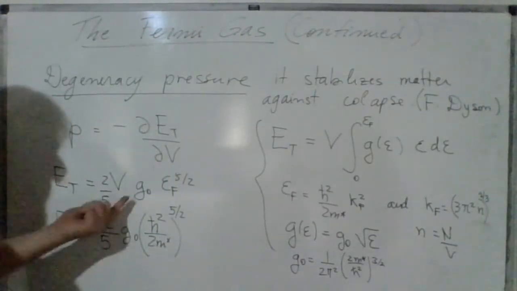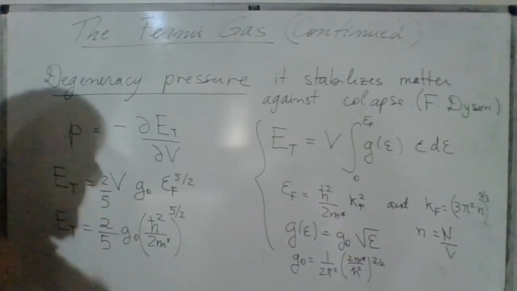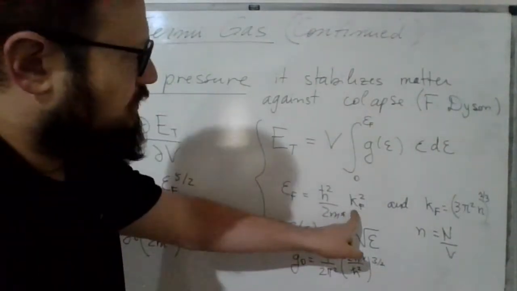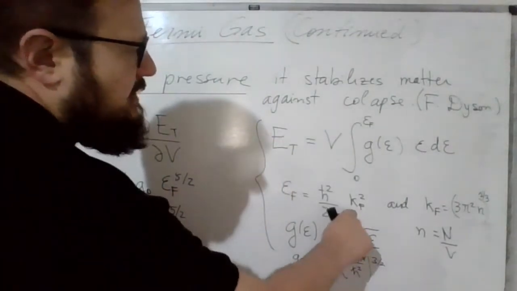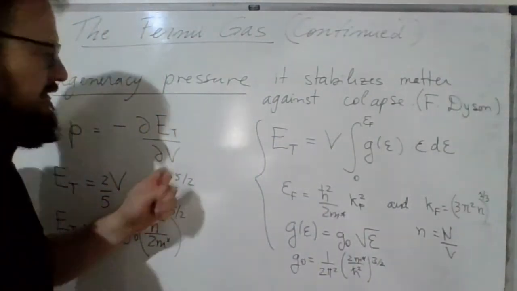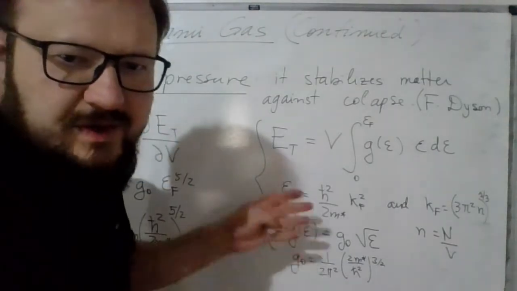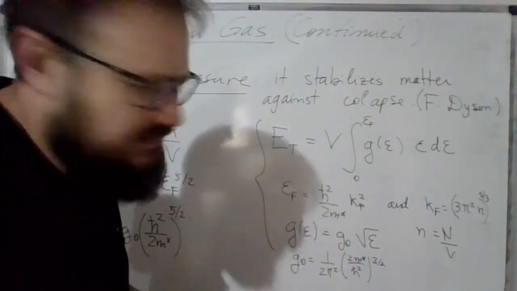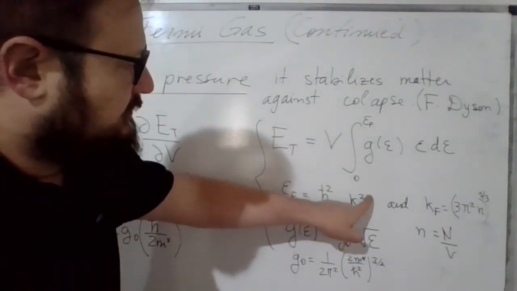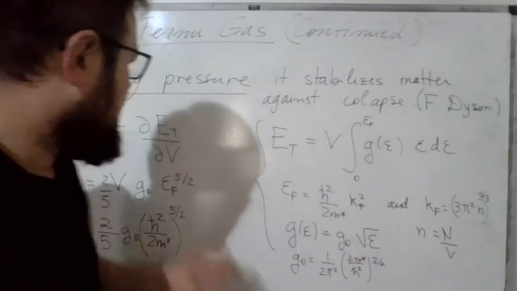This G0 is already there, and if you calculate the Fermi energy raised to 5/2, this square here is eliminated.